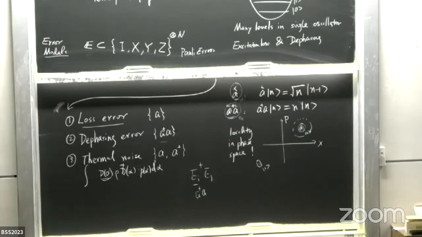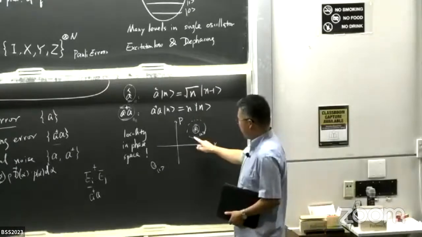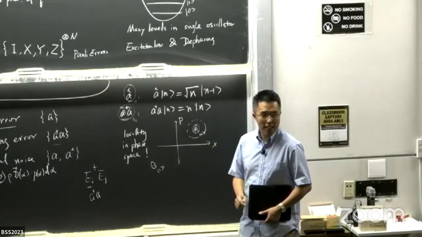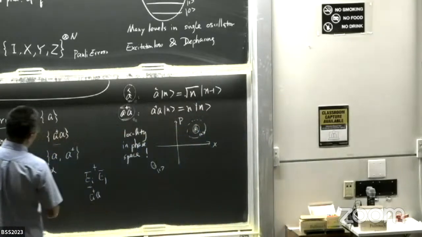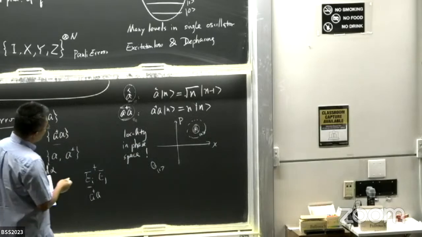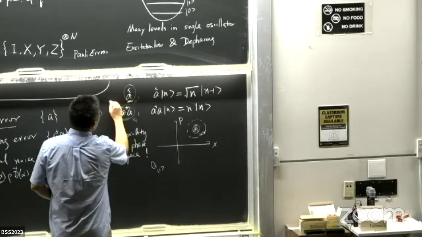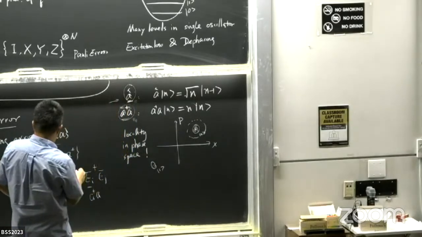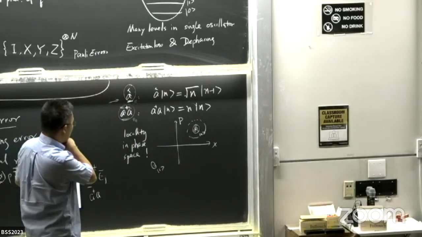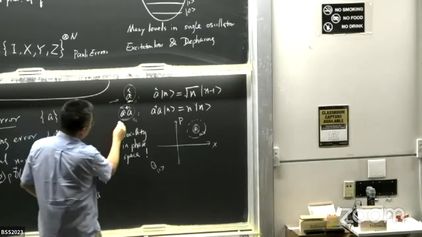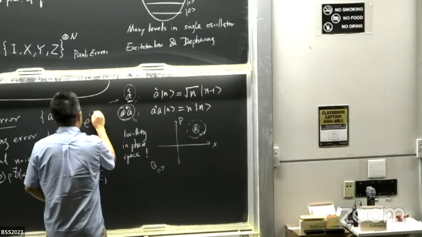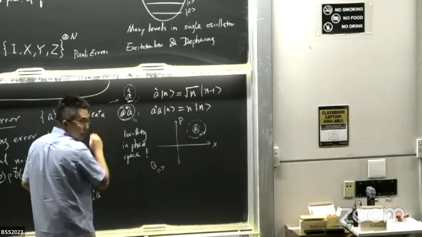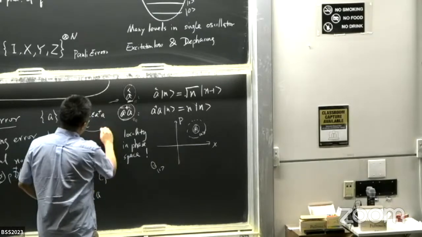More on the locality in phase space. Is it because the operators connecting them are very long? Yeah, a long string. Okay, so the locality in phase space, you can think of it this way. Suppose you have e to the i epsilon a dagger a, with small epsilon.